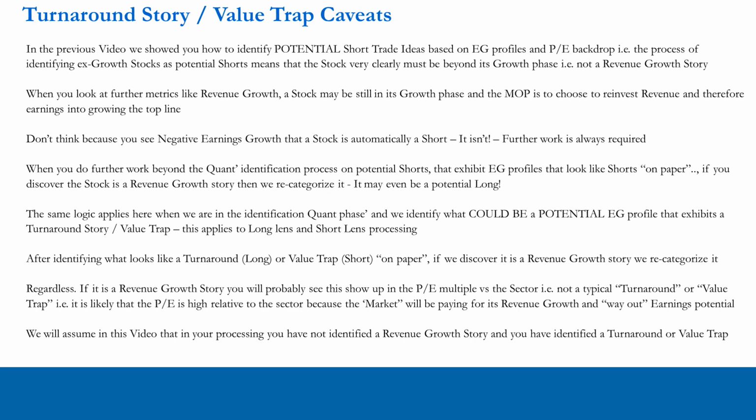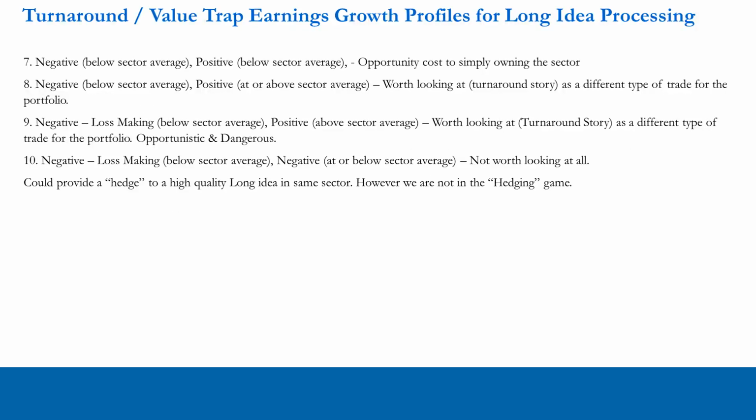So if you recall, when we were looking at long idea quant processing, we had our cases number 7, 8, 9, and 10. And what we discovered was that all of these cases were either not ideal or close to ideal in terms of the classic long setup, where we either had sequentially positive earnings growth momentum or we had close to that.